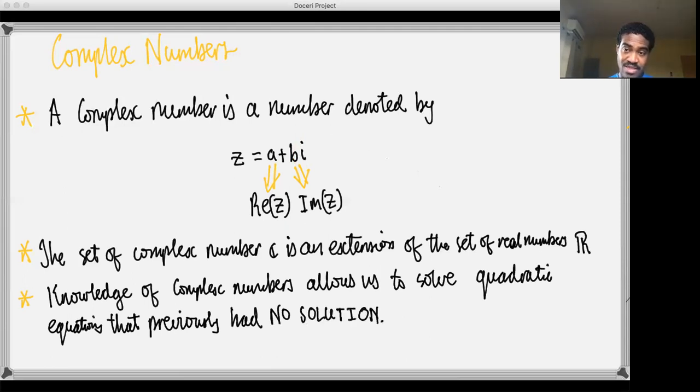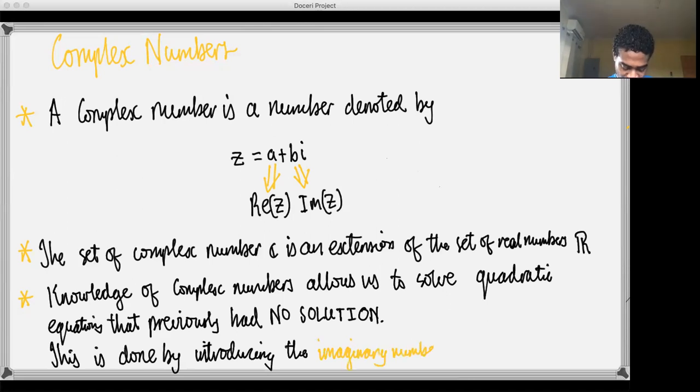Whenever we got x equal to the square root of a negative number, we would state that it had no solution. But now, because of knowledge of complex numbers, we can actually find solutions for these equations. This is done by the introduction of the imaginary number, and that's this guy: i = √(-1).